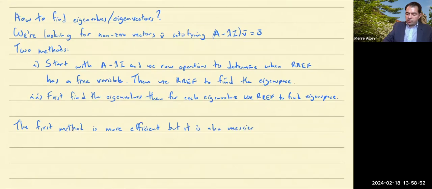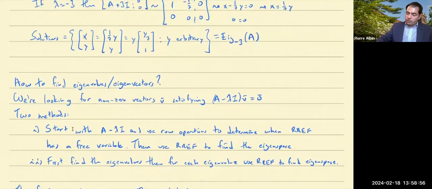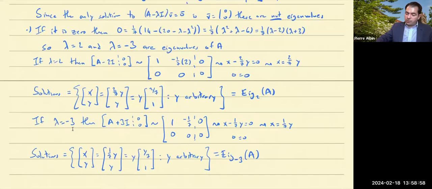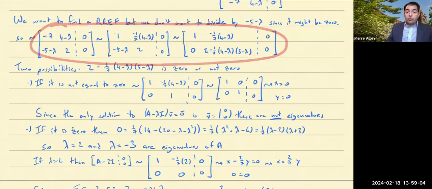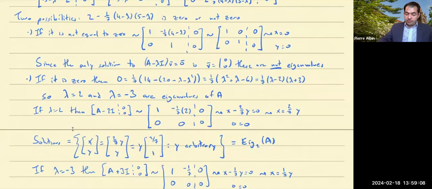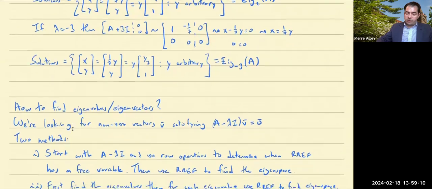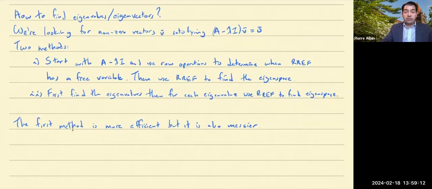And what makes it messy is that you have to do computations like the ones we did over here, where you're doing row operations, but you have a lambda that you don't know the value of. And as I said, sometimes that requires breaking into different cases, depending on whether or not something you want to divide by is 0.